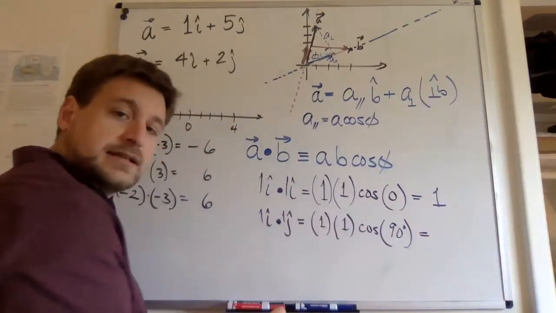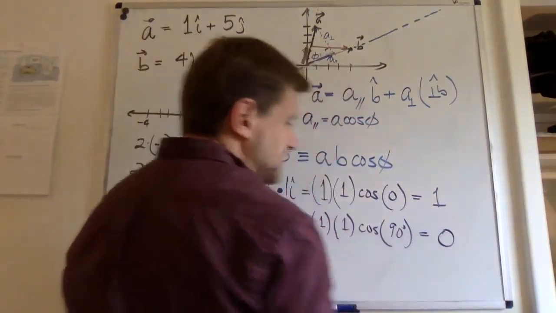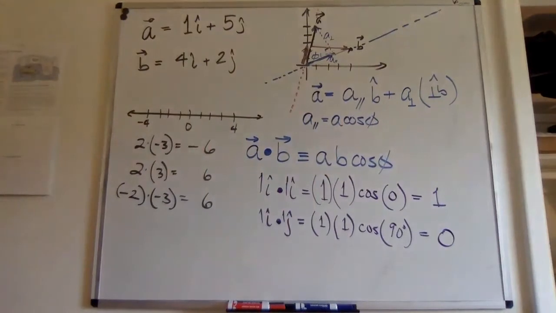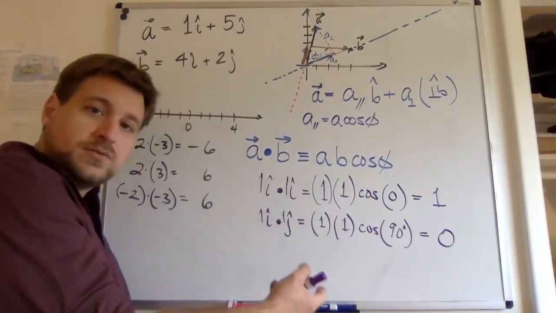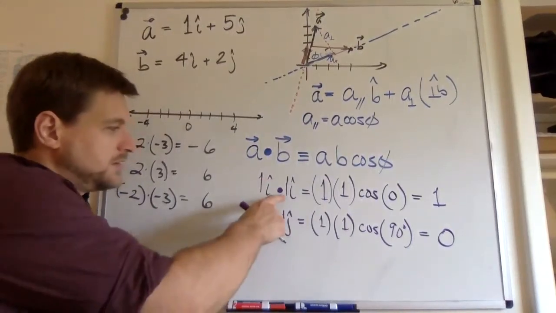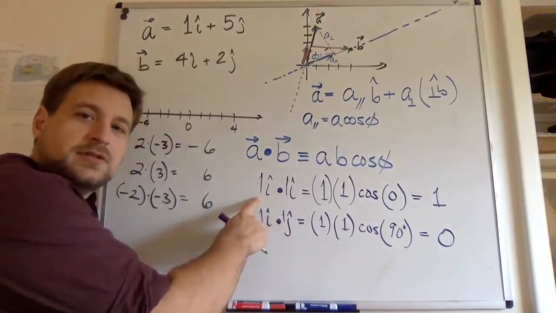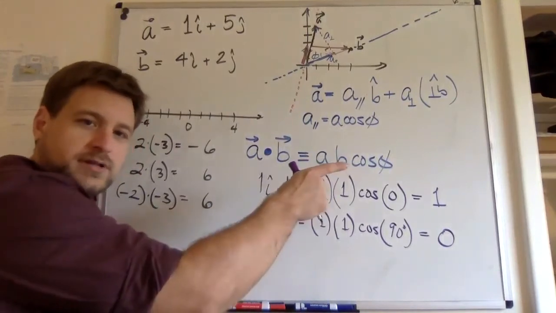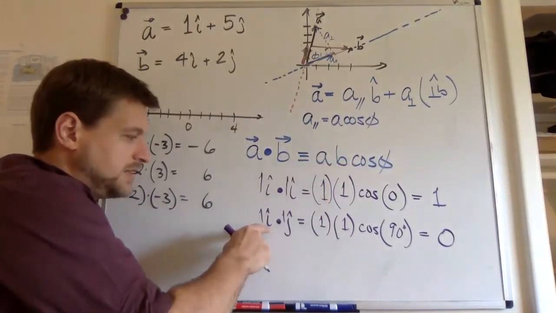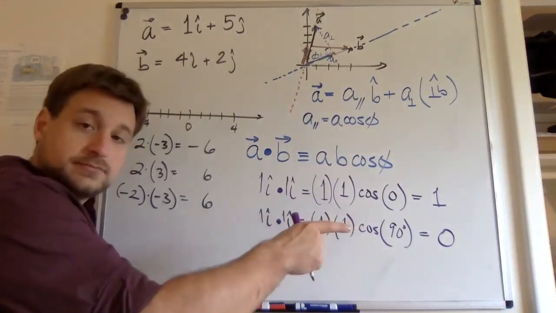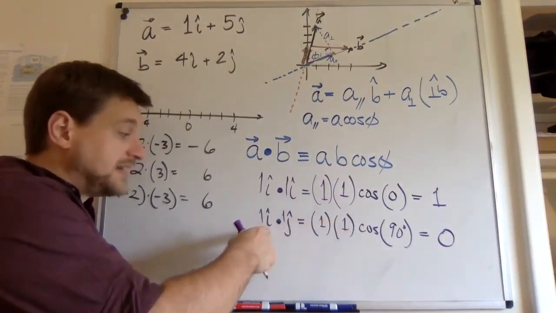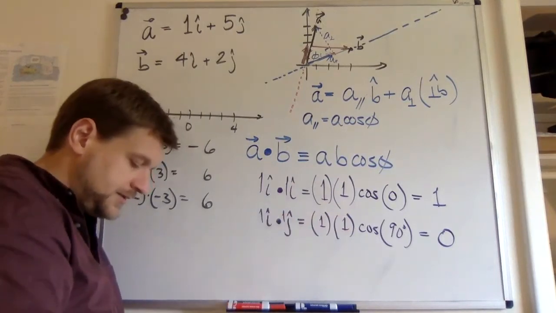The cosine of 90 is 0, and that's 0. And I think you can see where we're going. The dot product of a unit vector with itself is 1. The dot product of a unit vector with any other unit vector is 0. Any vector other than itself is 0.